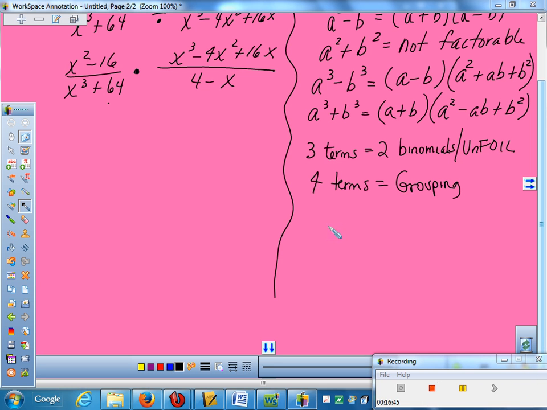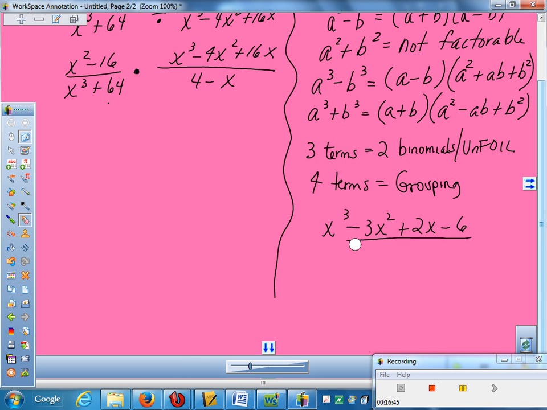Let me throw you one, because there's not a four-term up there, so let me throw you a four-term expression here. Oh, that's not a line, sorry. I'm not doing fractions yet. Okay, so four terms, you group what? Yeah.